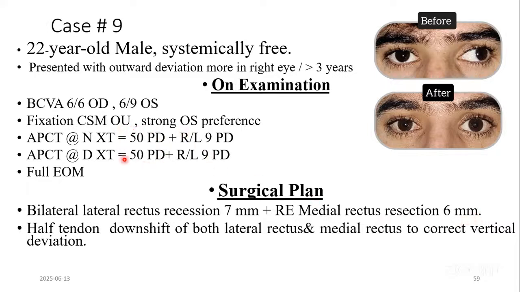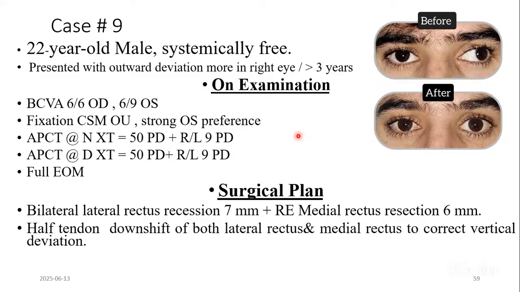So usually anything beyond 40 prism diopters, we do 3-muscle surgery in exotropia. So BLRC 7 with right eye medial rectus resection 6 millimeters. And I did a downshift for both the LR and MR in the right eye to correct the right hypertropia.